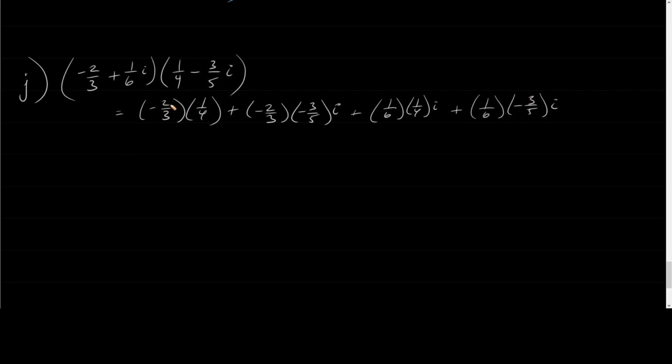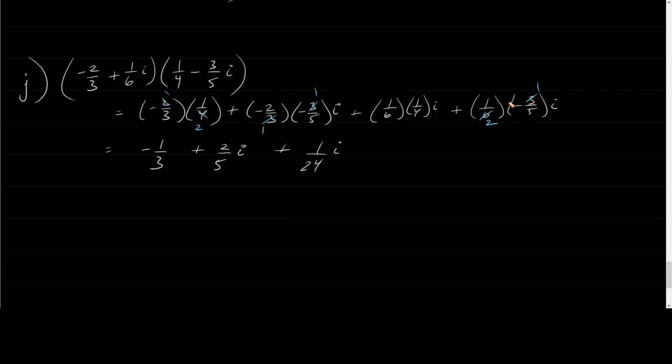So let's see what we get. We're going to reduce. 2 becomes a 1. This 4 becomes a 2. This 3 becomes a 1. This 3 becomes a 1. Nothing to reduce there. This 3 becomes a 1. This 6 becomes a 2. So what we really have here is negative 1/3. A negative times a negative is a positive, and then we have 2/5, so plus a positive 2/5 i, plus 1/4 times 1/6 is just 1/24, and we have that as i.